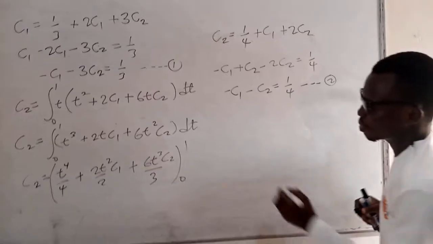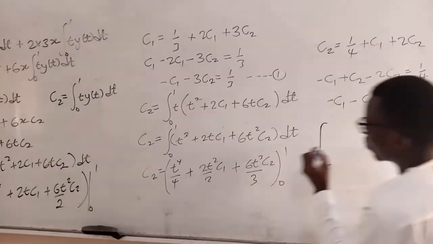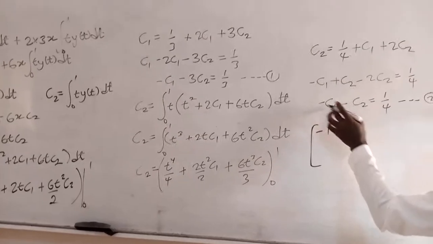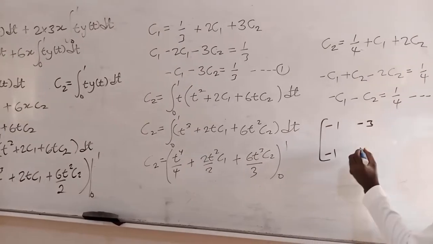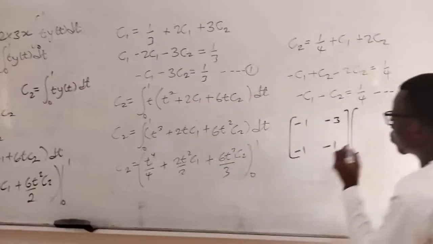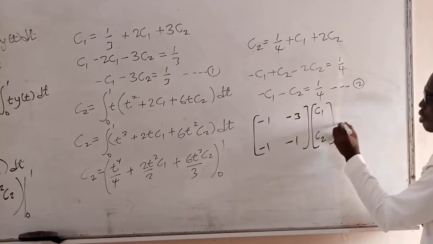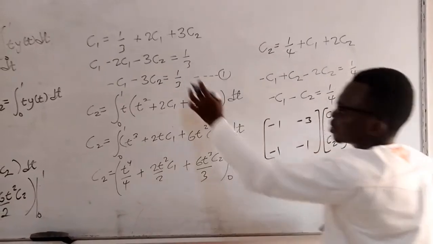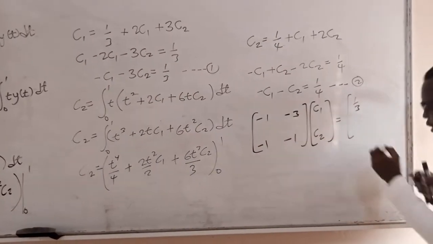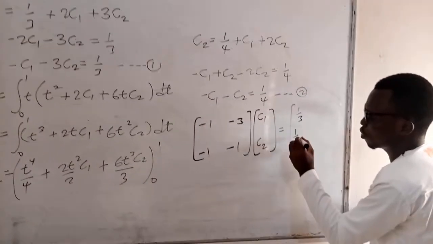The matrix form becomes minus 1, minus 3, and minus 1, minus 1, times the constants c1 and c2, which is equal to 1 over 3 and 1 over 4.